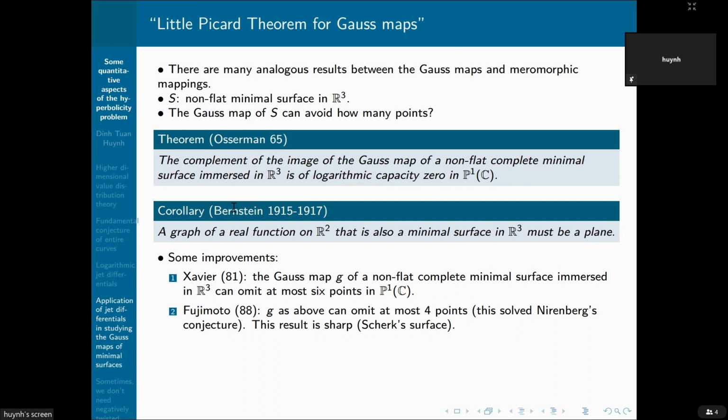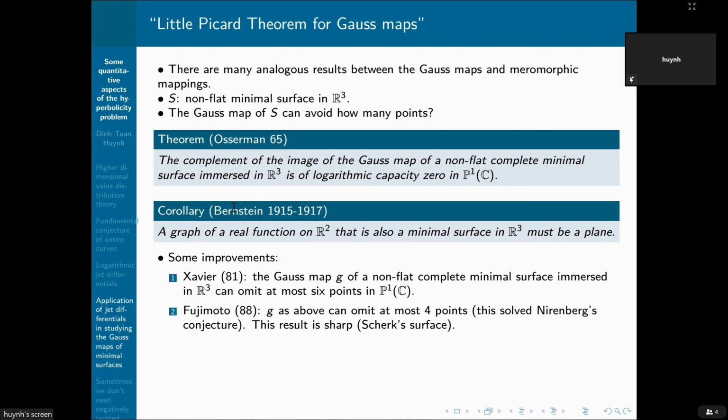The first result in this direction is the result of Osserman. He tells you that the complement of the Gauss map of a non-flat complete minimal surface in R3 is of logarithmic capacity 0 in CP1, and this is enough to deduce the classical Bernstein theorem: the graph of a real function on the whole plane R2, which is also a minimal surface in R3, must be a plane.